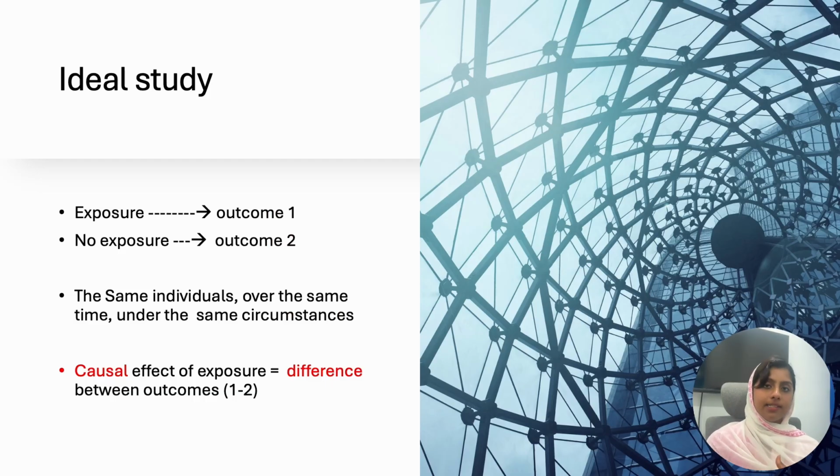Coming to the ideal study. In an ideal study, for example, if you're observing occurrence of lung cancer among smokers, you would need to take these people back in time and see what would have happened if they didn't smoke. That is the second outcome. In an ideal scenario, you're trying to observe the difference between these two outcomes in two different scenarios, and that determines the causal effect of the exposure.